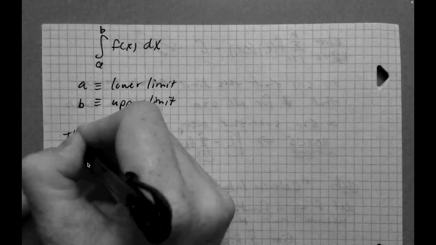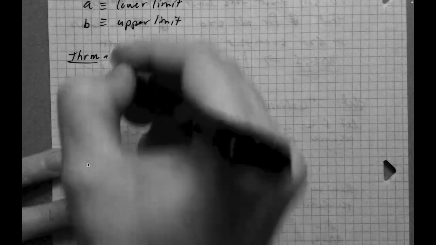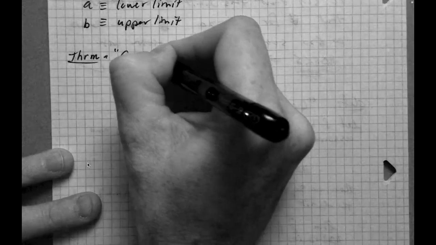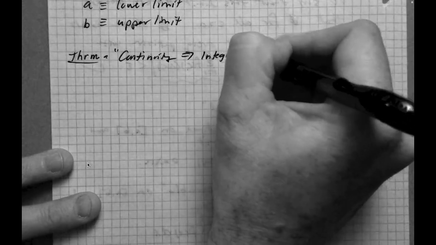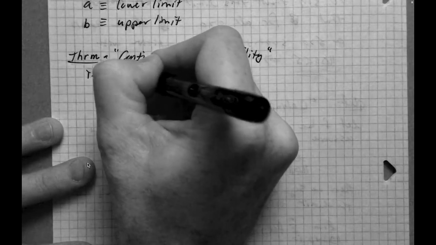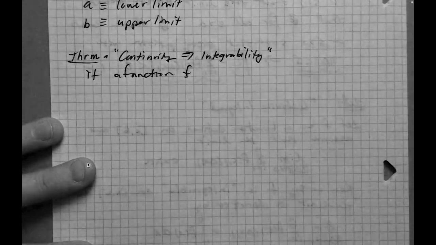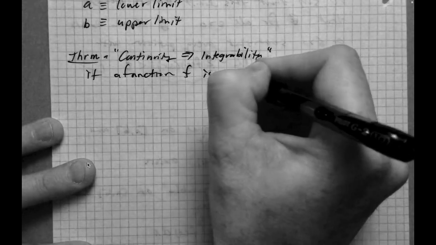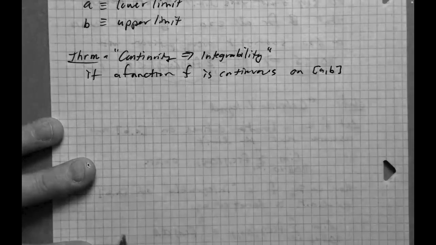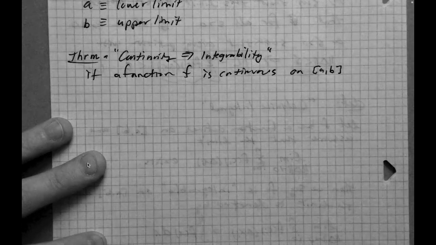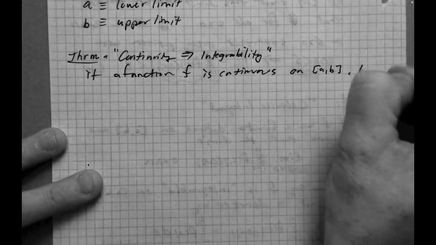Let's toss out a theorem here quickly that we may need. This is continuity implying integrability. If a function f is continuous on the closed interval a b, then it's integrable on those values.